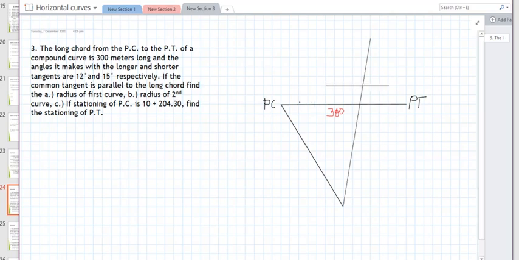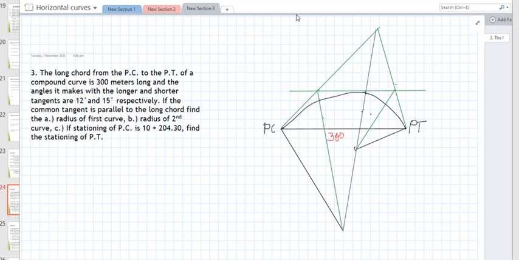Let's draw the curve. Okay. Oh, it's difficult.